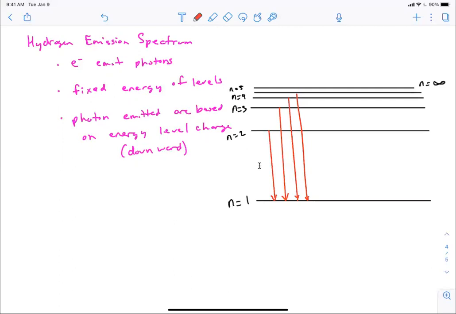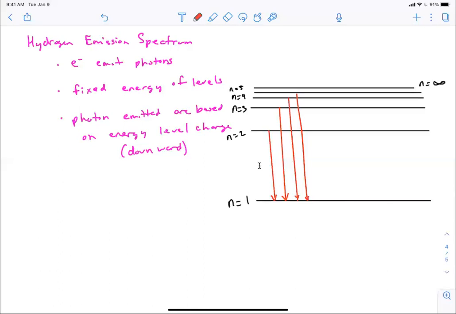So if that first jump of 2 to 1 was, I don't know, 1,000 joules, maybe 3 to 1 was 1,500 joules, and maybe 4 to 1 was 1,750. 2 to 1, 1,000, 3 to 1, 1,500, 4 to 1, 1,750, and then maybe 5 to 1 is 1,800.